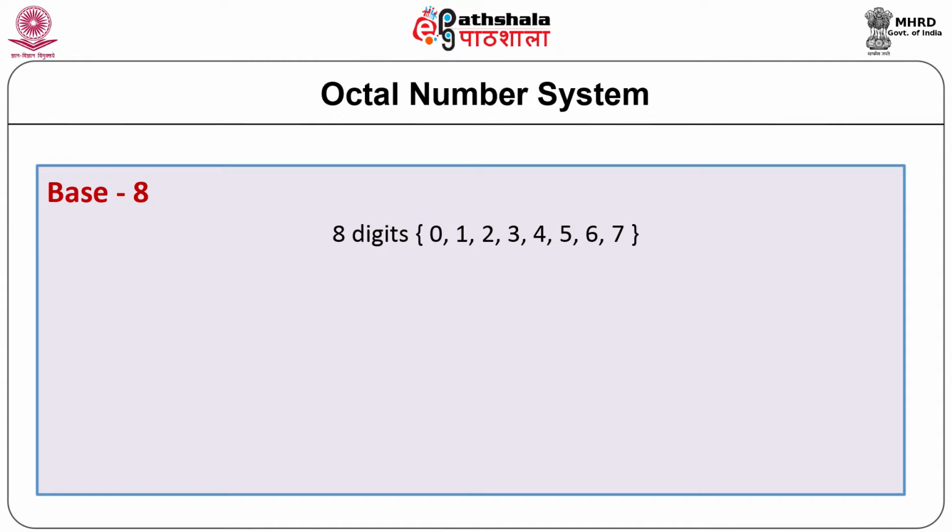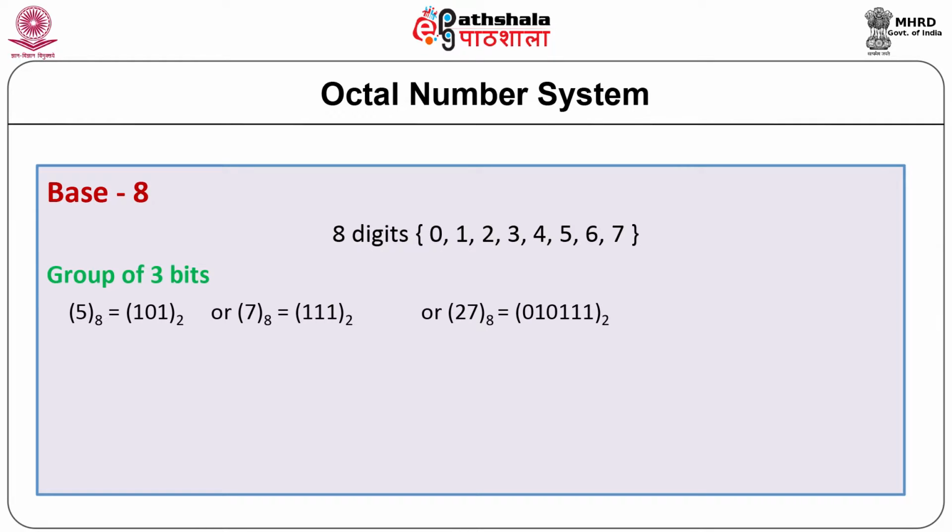Let us consider octal number system. The octal number system consists of 8 symbols. They are 0, 1, 2, 3, 4, 5, 6 and 7. As there are 8 symbols, the radix or base of the system is 8. Octal and hexadecimal systems provide a shorthand way to deal with long strings of ones and zeros in binary. Each octal digit corresponds to a 3-bit binary code.